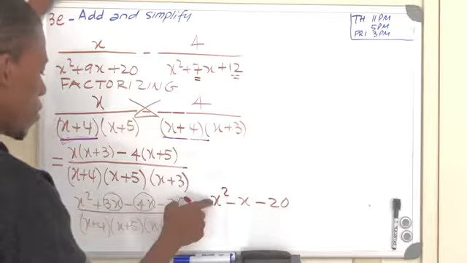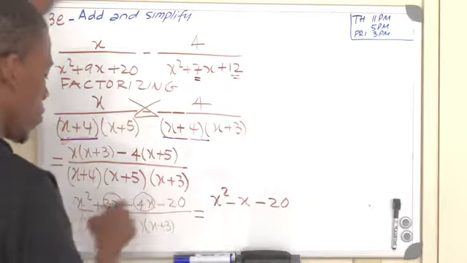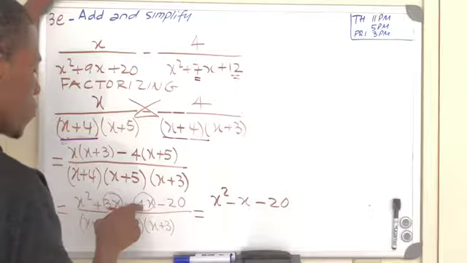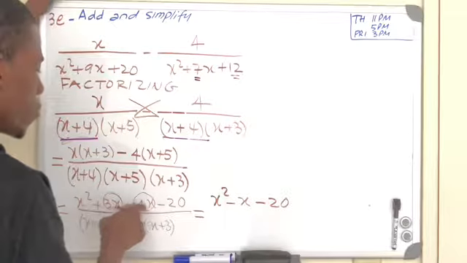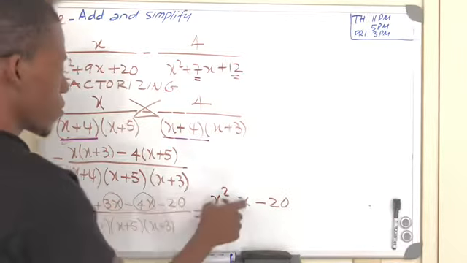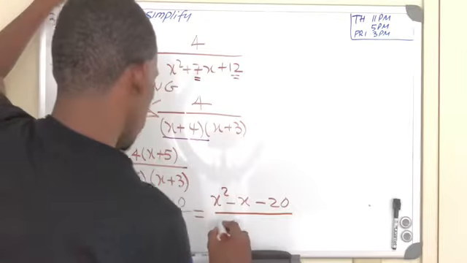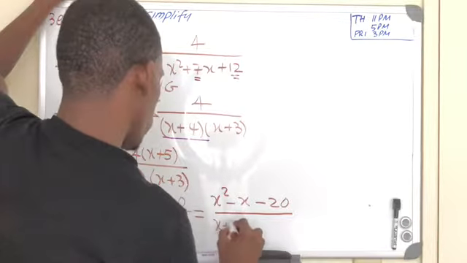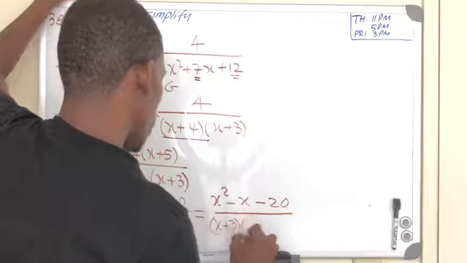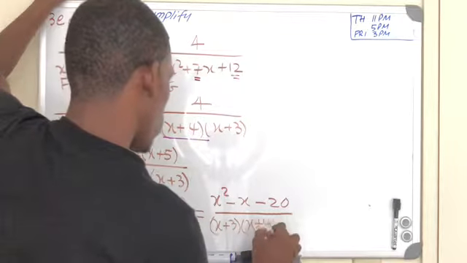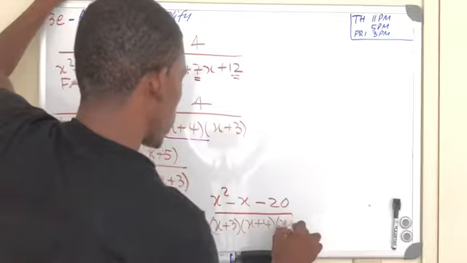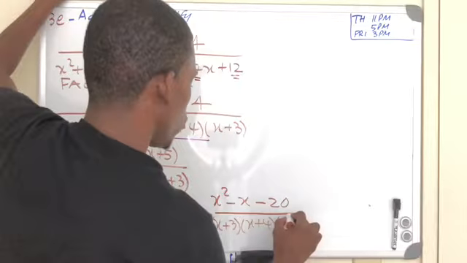X squared stays the same, minus 20 stays the same. 3x minus 4x, 3 minus 4, is minus 1x. And I keep my denominator. I can put it in order: x plus 3, x plus 4, x plus 5. Woohoo.